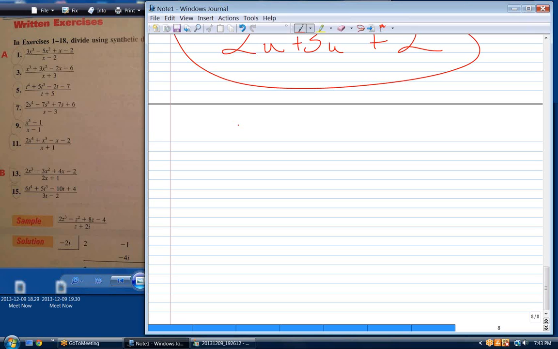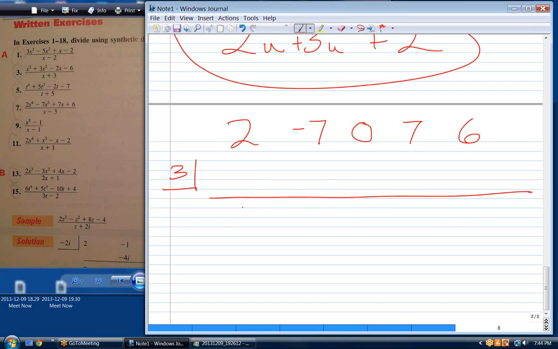Alright. The first number is 2. Second one is -7. Third one's 0. Fourth one is 7, and then the fifth one is 6. Then the box is 3. And drag the 2 down.